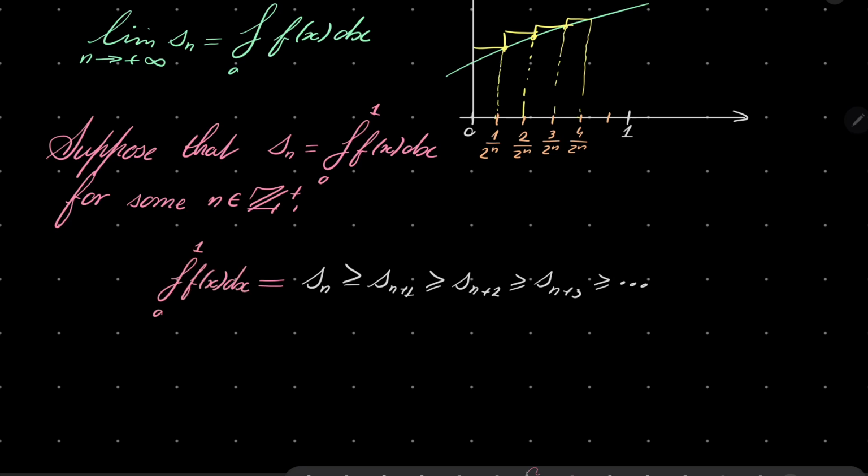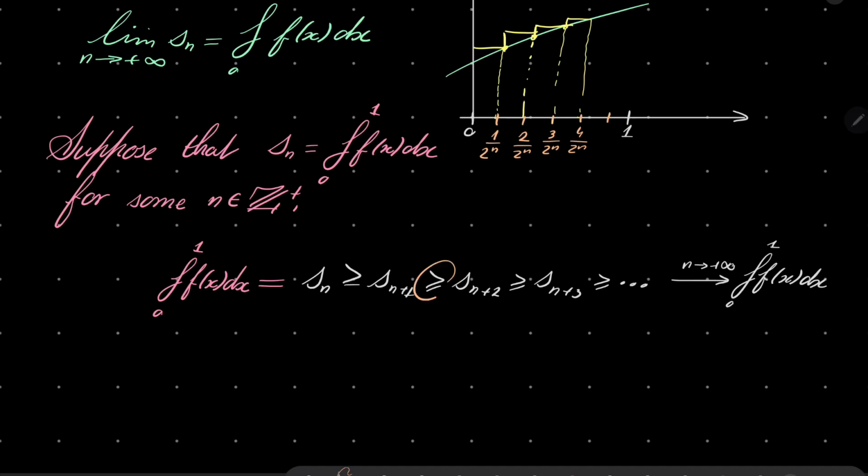Right. But also, let's take a look that this limit converges to the very same Riemann integral. The only possibility for this to be true is that every term of this sequence is equal to the preceding one.